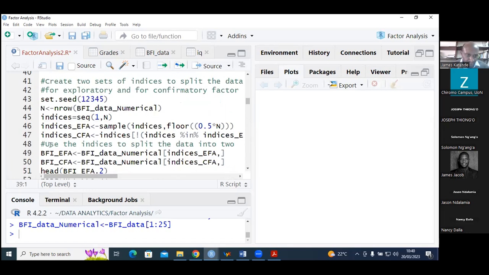We shall not do the confirmatory analysis, but I just included this step for clarity. I will run this. So what I'm doing here is splitting the data into 2. And then I will focus on the portion that we shall use for exploratory data analysis.